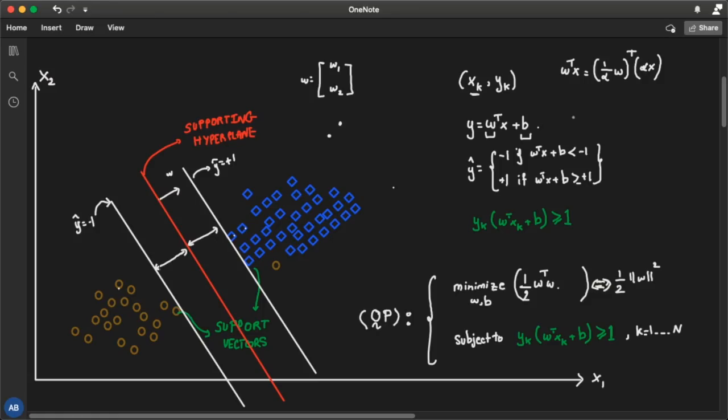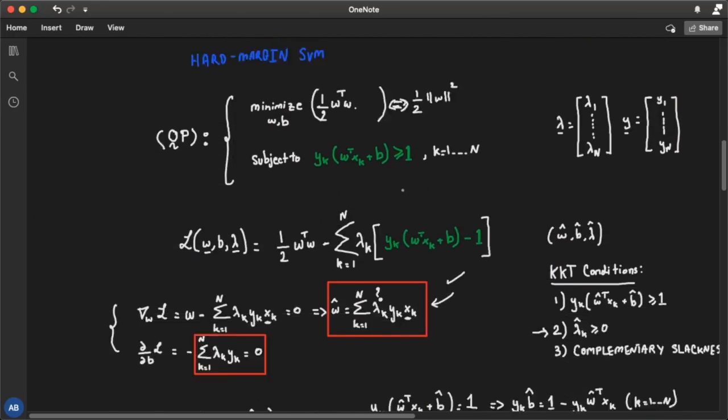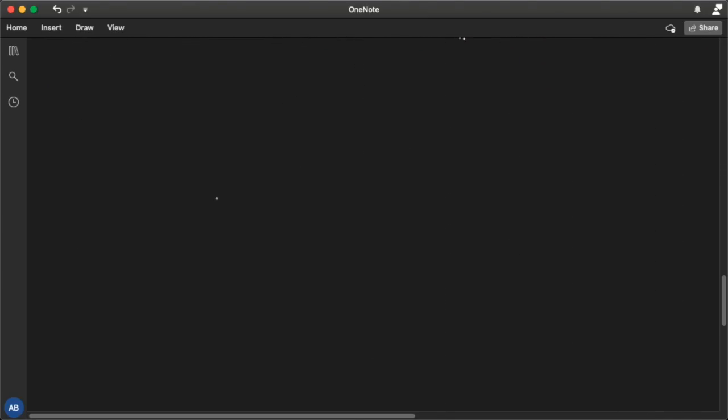If I start my indices at zero, then y is w transpose x plus b, with w being w0, w1 and x being x0, x1.